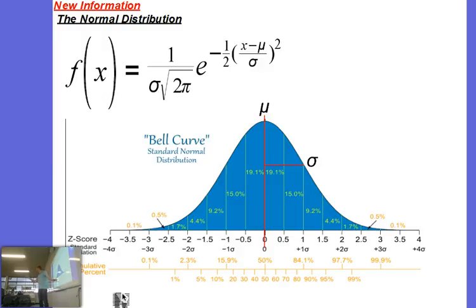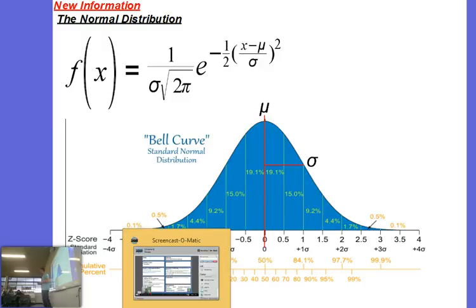What is it? Half. Very good. A half, 50%. Because the mean is how much of the whole lot? A half. So the chance of getting a value that is the same as the mean is 50-50. 50% chance.